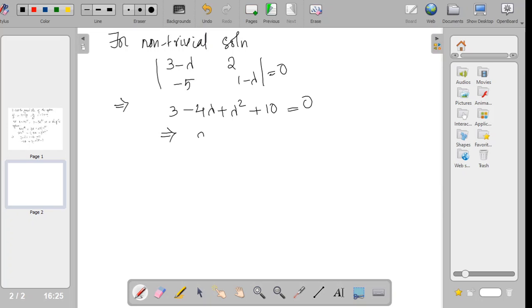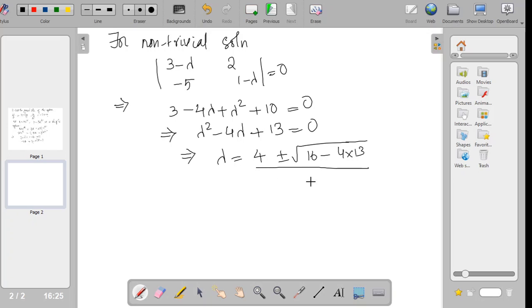So that will give lambda square minus 4 lambda plus 13 equal to 0. So lambda equals 4 plus or minus root of 16 minus 4 into 13, divided by 2.